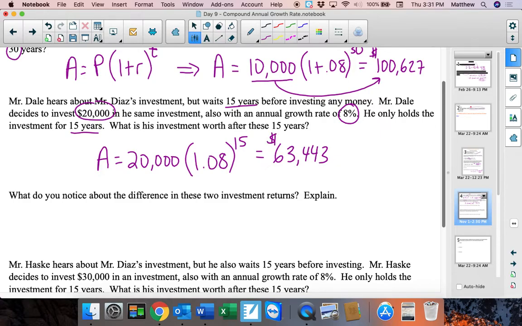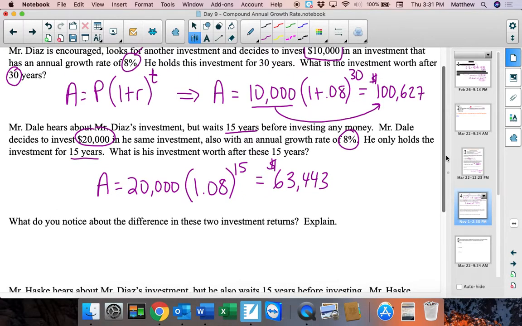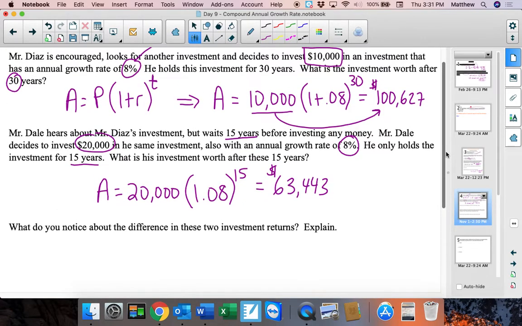You can hit pause and think about what's going on, about the difference between these two investment returns. Okay, if you just hit pause and you're coming back, what I notice, obviously, is that Mr. Diaz has more after these 30 years, even though he invested less to begin with. And the reason is this 30 right here.